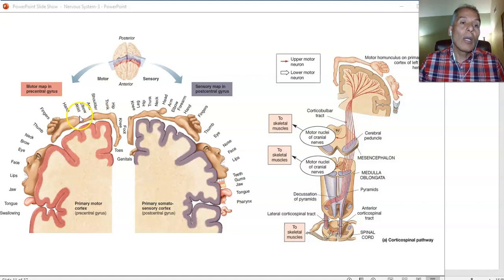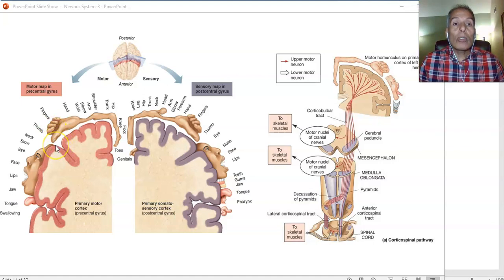And look, almost 1/3 of this area is dedicated to the hand. Because the hands for humans create everything that you can see around us. Without the hands, we wouldn't have any civilizations. So it is a very, very important structure, and a lot of the motor cortex is dedicated to your hand.